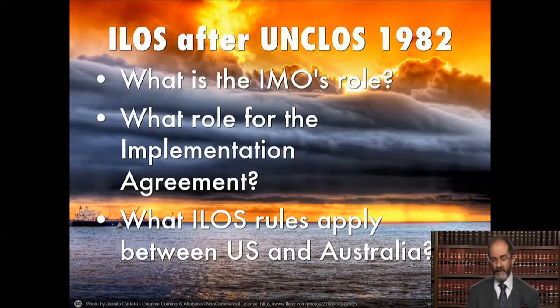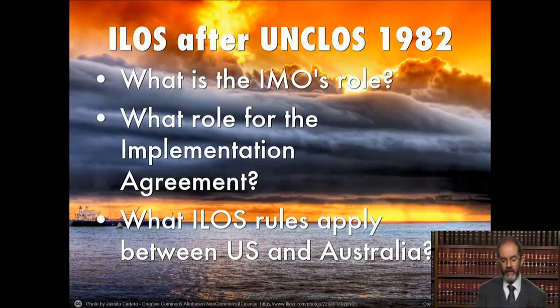So what then happens is the Law of the Sea Convention in effect picks those rules up and says they are binding on members of the Law of the Sea Convention if they weren't already under the specific IMO treaties. This is called a rule of reference. So you're incorporating rules in other instruments or made by other bodies into the convention through a rule of reference.